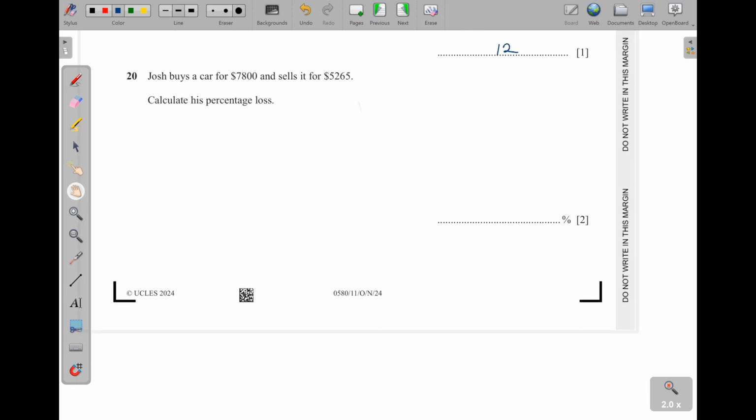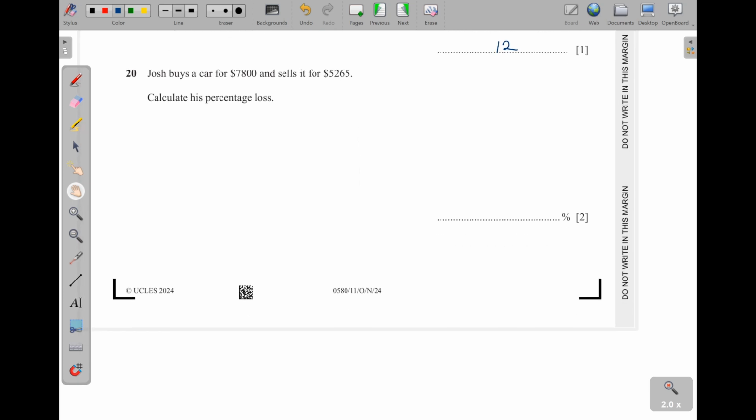Okay, then question 20, Josh buys a car for $7,800 and sells it for $5,265. Calculate his percentage loss. So percentage loss is going to be equal to loss, then divide by the cost price, or the buying price.